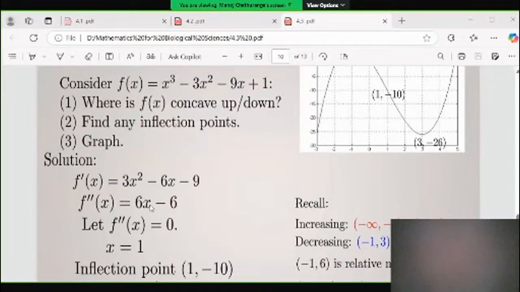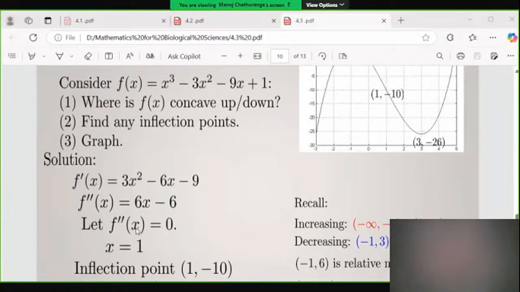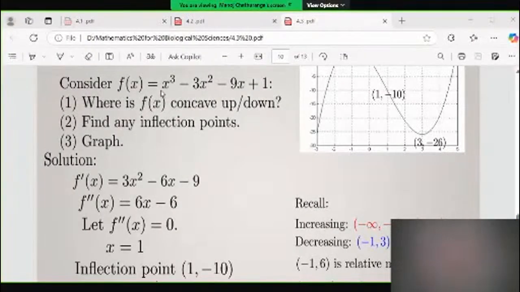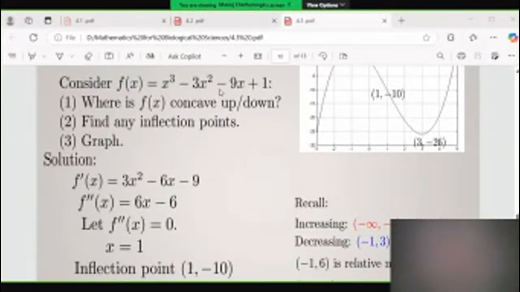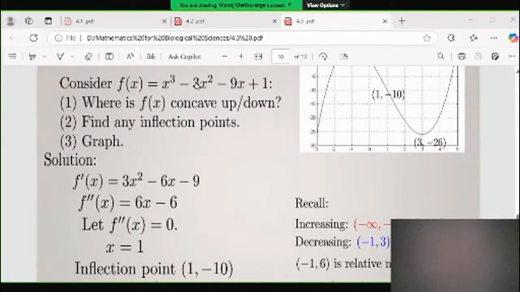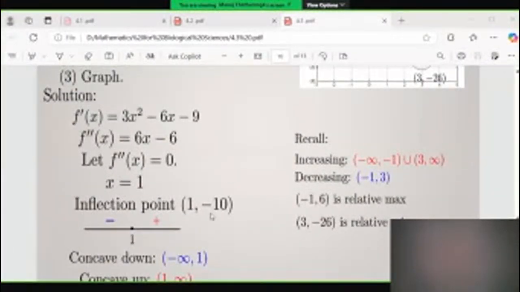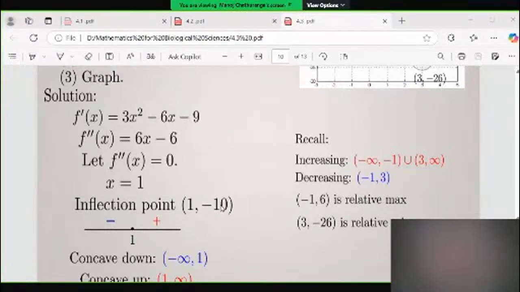Compute the second derivative. Clearly it equals 0 when x equals 1. Now you can take 1 and substitute it into the initial function, and that will give you -10. At 1 comma -10, the function has an inflection point.